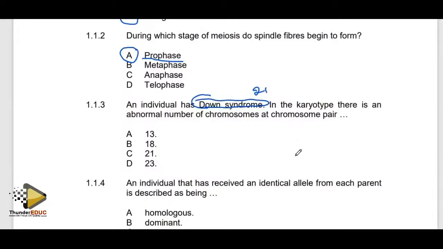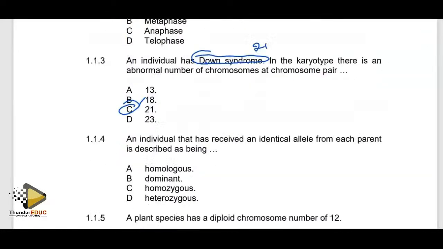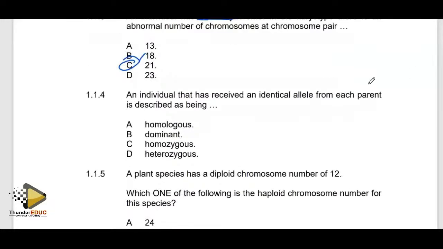You must think about an extra chromosome on chromosome pair number 21. So the answer is going to be C. So don't forget that each objective is 2 marks.